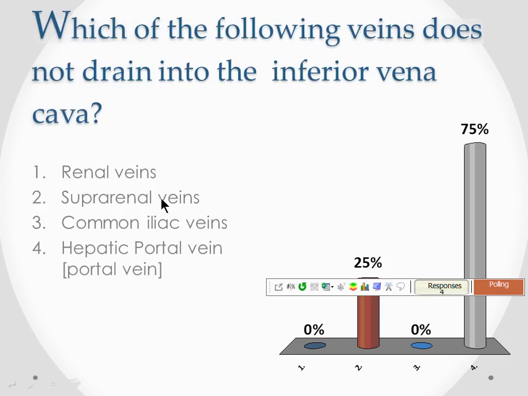The suprarenal veins, remember I told you for your purposes, the right one drains directly, the left goes into renal, which goes in. So let's take it that the left one also does. The portal vein does not drain into the IVC at all, okay? It drains into the liver, and then the hepatic veins drain into the IVC, okay?